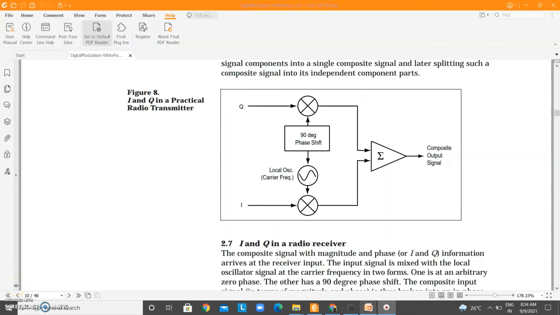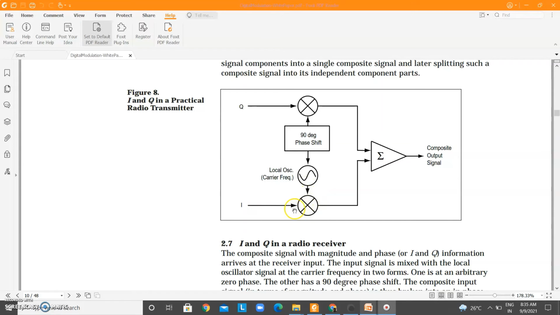So coming back to our situation, inside our transmitter we can see there will be an I component and there will be a Q component. And what happens is this local oscillator generates the carrier frequency. Whichever frequency we intend to transmit the signal at, that frequency is what is generated here. Then this is a multiplier unit.